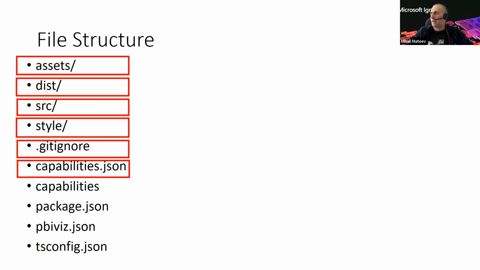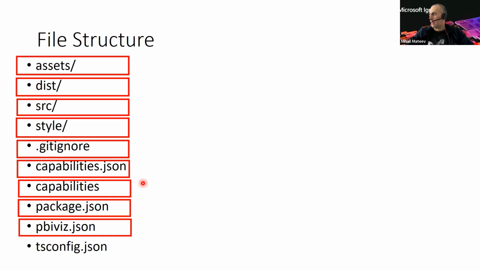Capabilities JSON is pretty important to configure actually capabilities of your visual. You need to have a specific configuration here. And you have also package JSON, which is related to settings for the package.